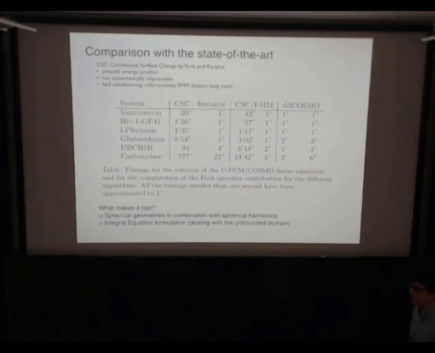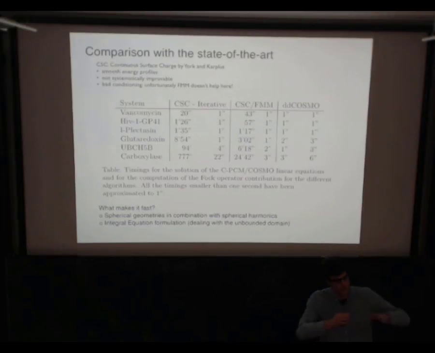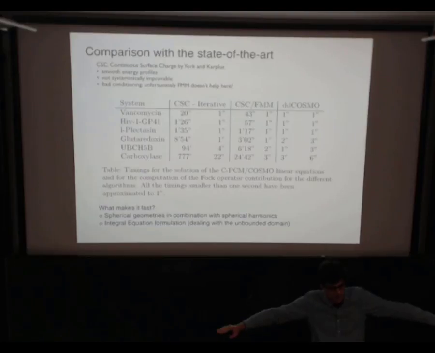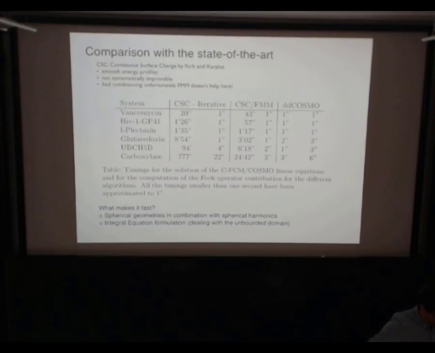Because this is, let's say in electrostatics you have the Green's function decays like 1 over r. So this decays very slowly, and integral equations are able to handle this scenario of computing on an unbounded domain.